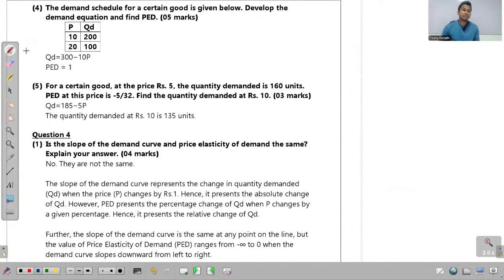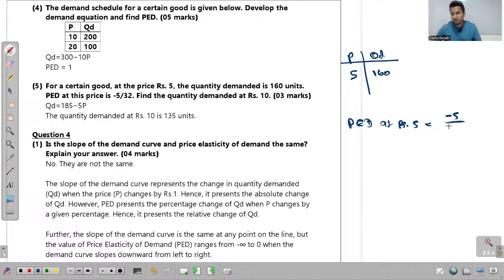In question 5, it says, for a certain good, at the price rupees 5, the quantity demanded is 160. Okay, we will tabulate this data. When the price is 5, quantity demanded is 160. PED at rupees 5 is minus 5 over 32.